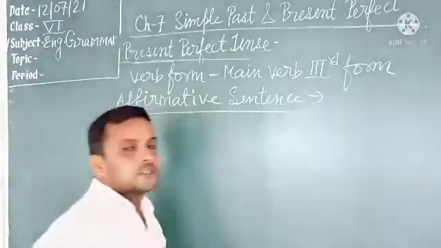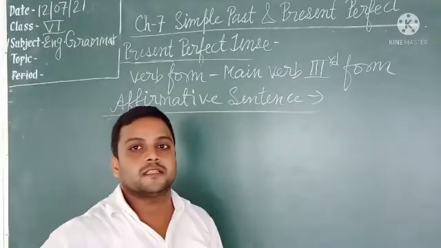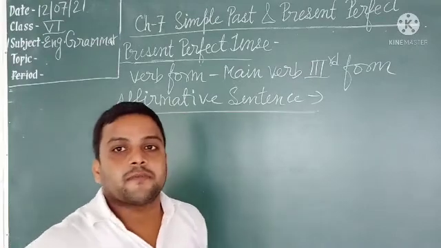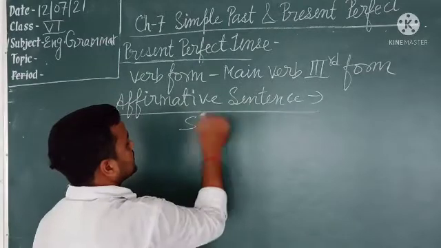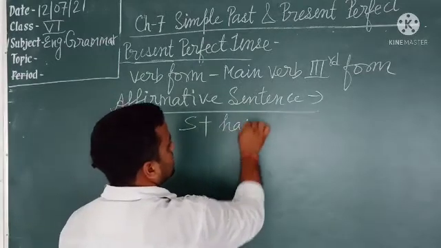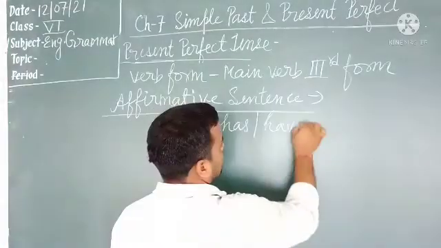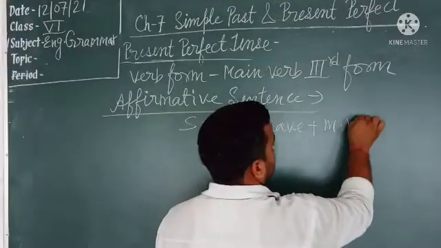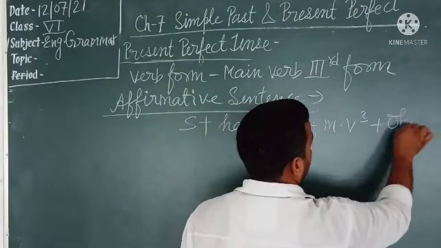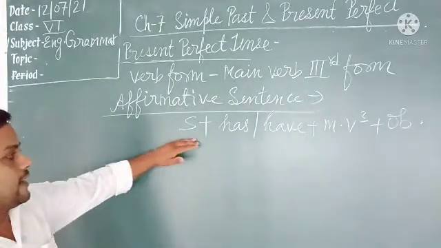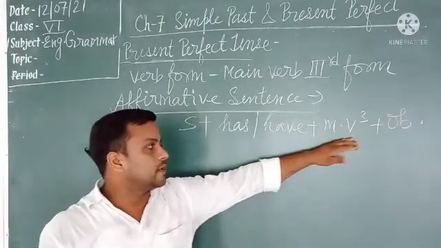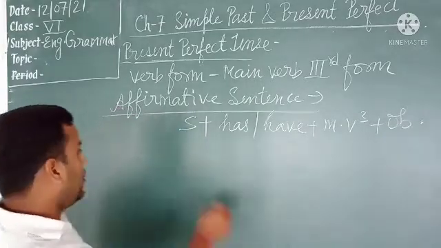We always use the third form of the verb in this tense, whether the sentence is affirmative or negative or interrogative. See, subject, then helping verb, then main verb, third form, and at last object. In this sequence, we will write subject, has or have, plus main verb, third form, and then object.